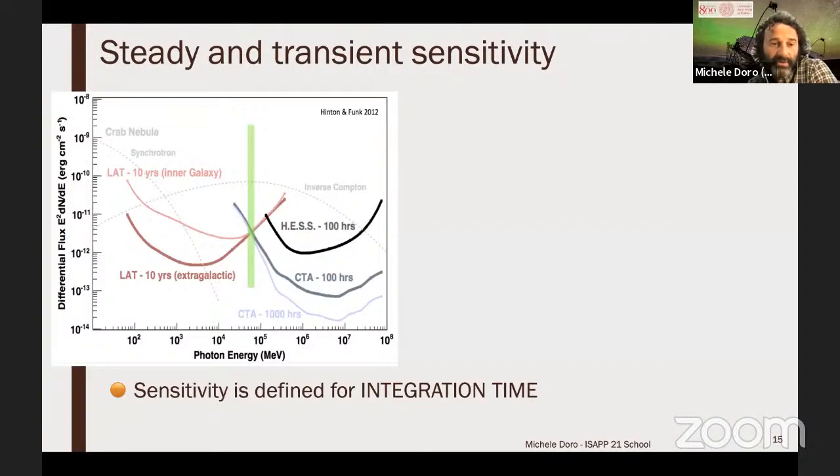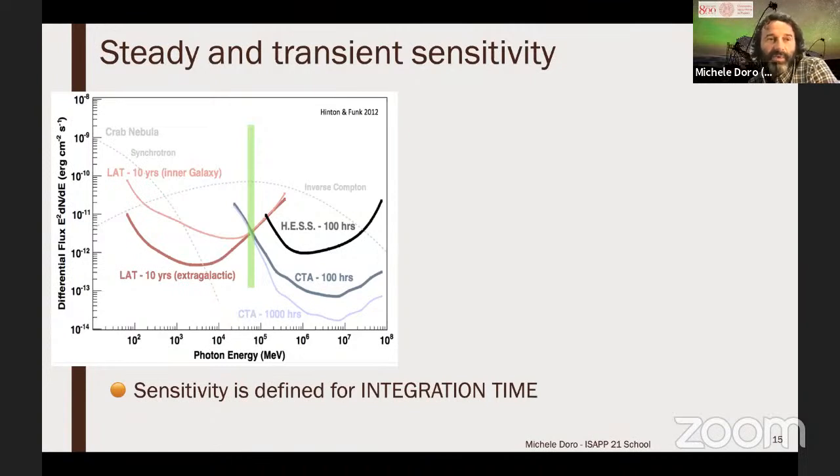For example, you remember from last week that we have sources that are really changing their flux level. Not throughout the year, but we saw last week that we have sources very far away that are doubling the flux in 2 to 5 minutes.